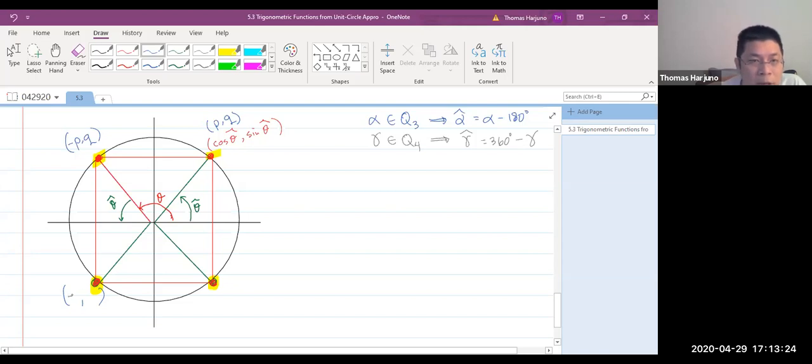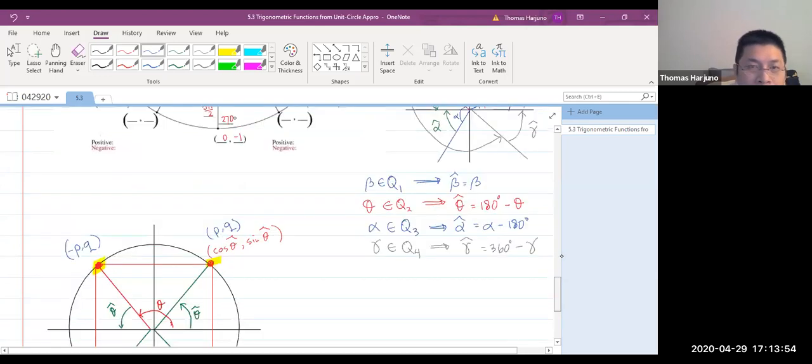So this will be negative p, negative q. And this guy here will be the same x, but opposite y. Okay, now that's the idea. If you don't get it now, don't worry. I will be a lot more explicit now.